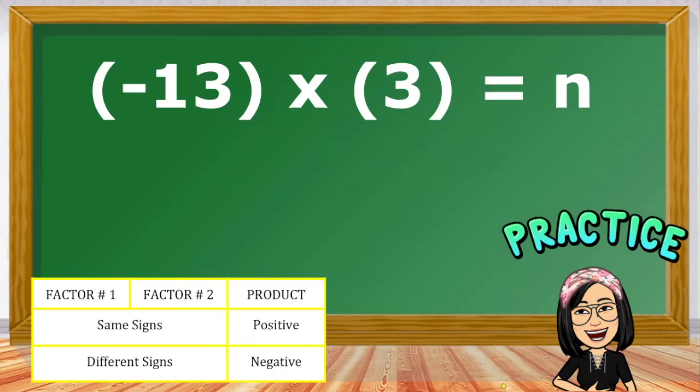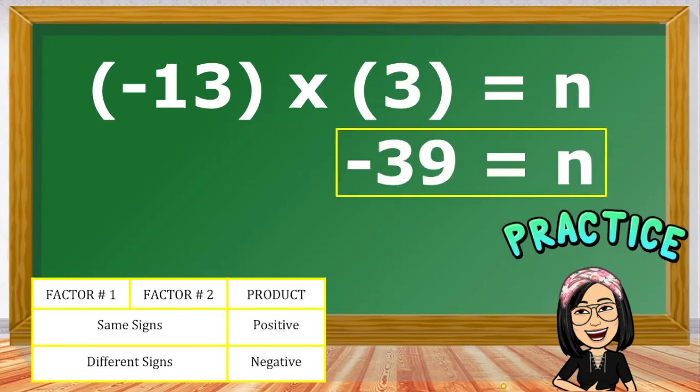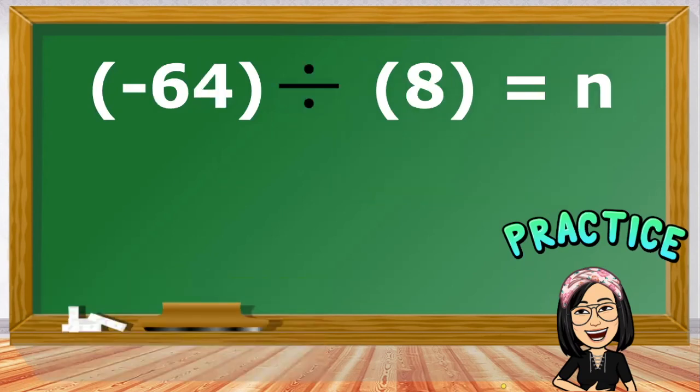The first factor is a negative number. The second factor is a positive number. They have different signs. So their product is negative. Okay? So what is the answer? Negative 39. Let's go to dividing.